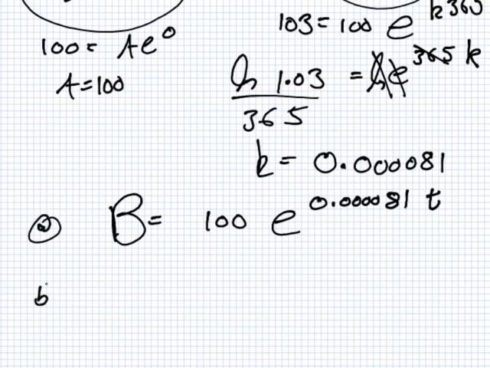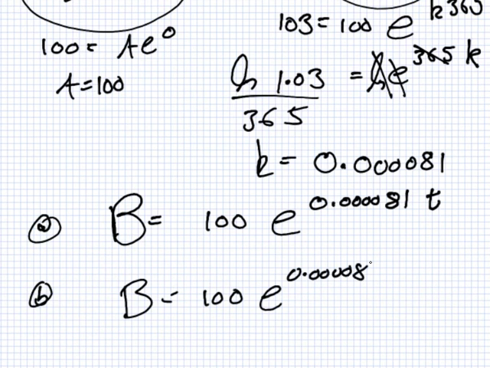And finally, that was part A. Part B is what is the bank balance after half a year. So that would be B equals 100 E^(0.000081 × ...). Then an extra half a year would be 1.5 multiply 365. Doesn't it say a further half year?